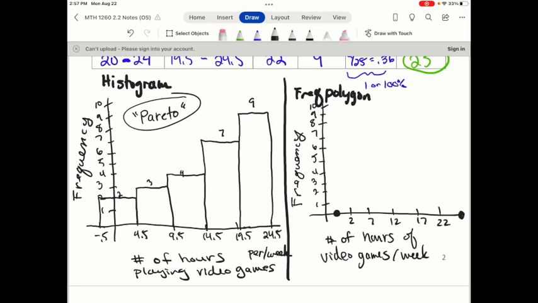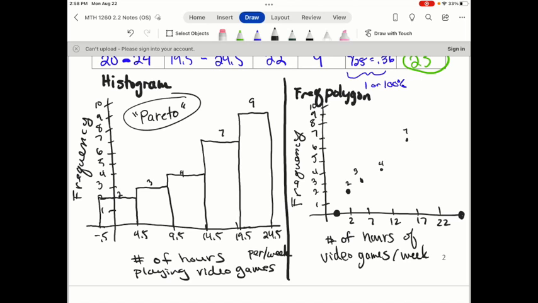Now, the midpoint 2, when I look at that class, has a frequency of 2, so I'm going to draw my dot above 2 at 2. For 7, we have a frequency of 3. For 12, we have a frequency of 4. For 17, we have a frequency of 7.